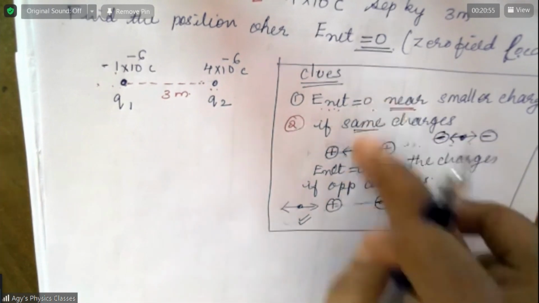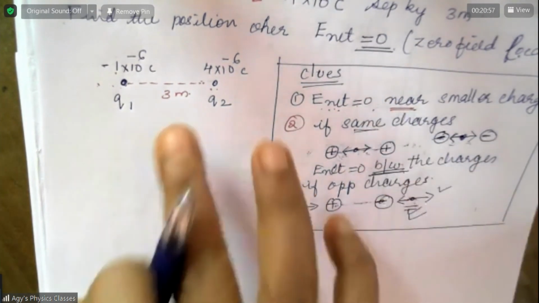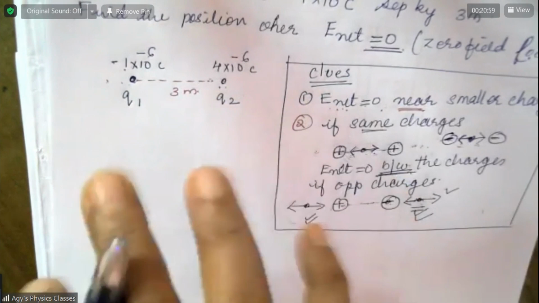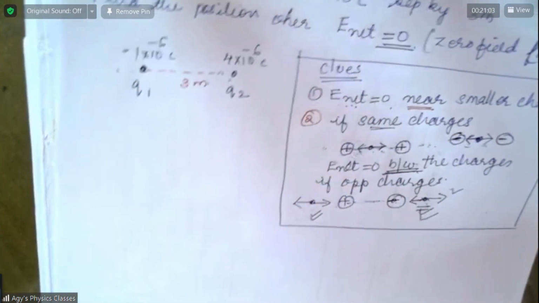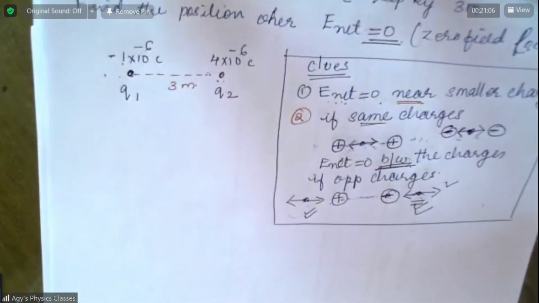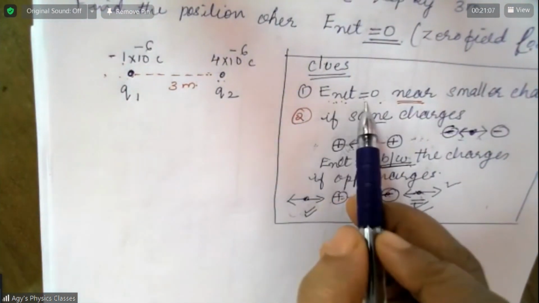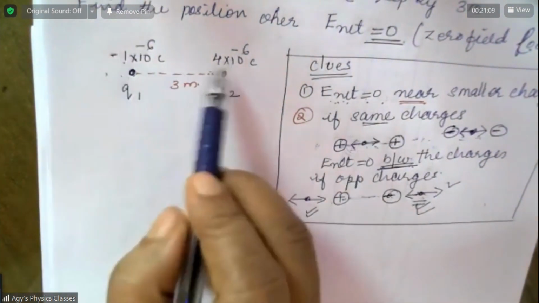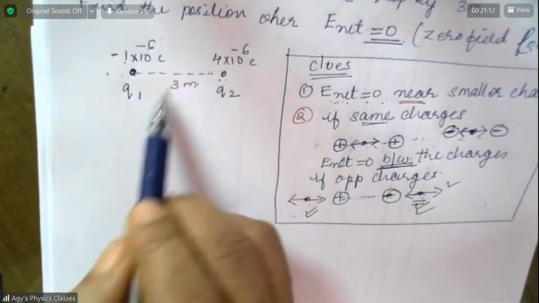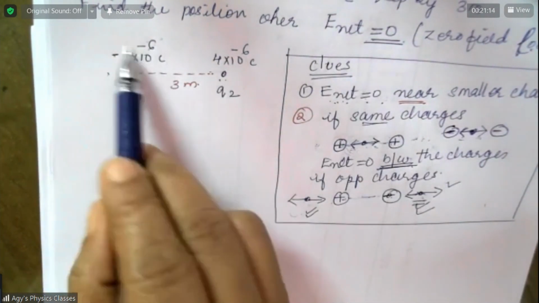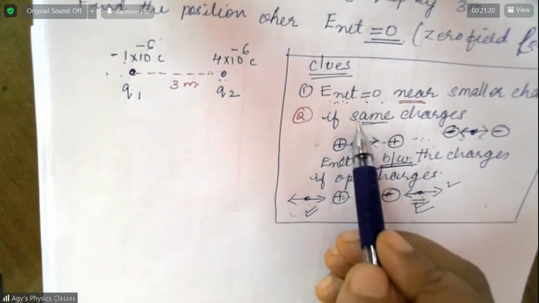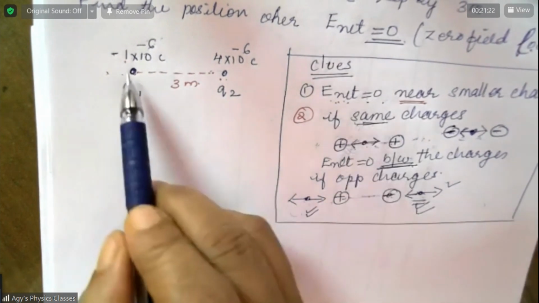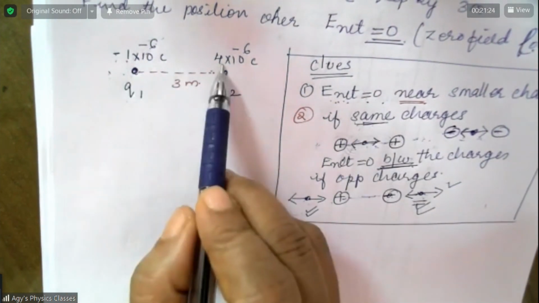Okay. Now using these two, spot out where exactly or near to which charge, inside or outside, you have to look. Applying the first condition, you will know that it is around this. Applying the second condition, is there of same charge? No, one is positive, other is negative.